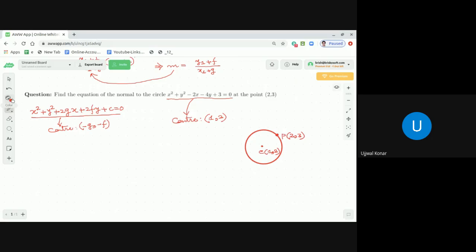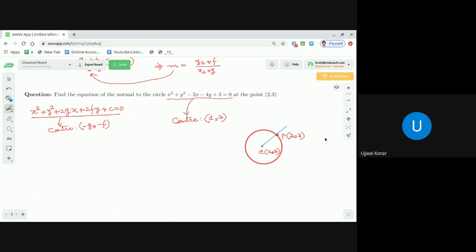Now dear students, what will be the normal? The normal definitely passes through the center of the circle and also through the point P. Let me draw properly. So this, as I draw in blue color, is the normal.